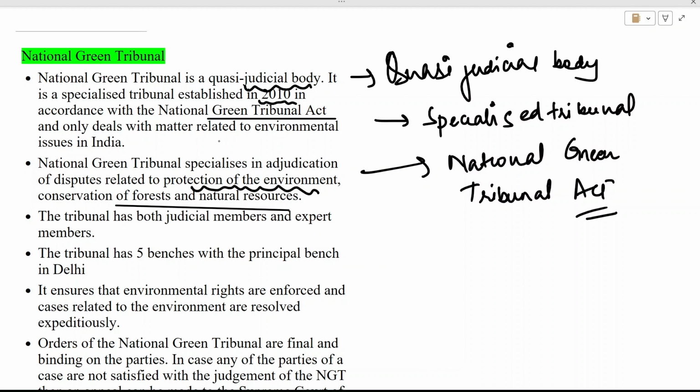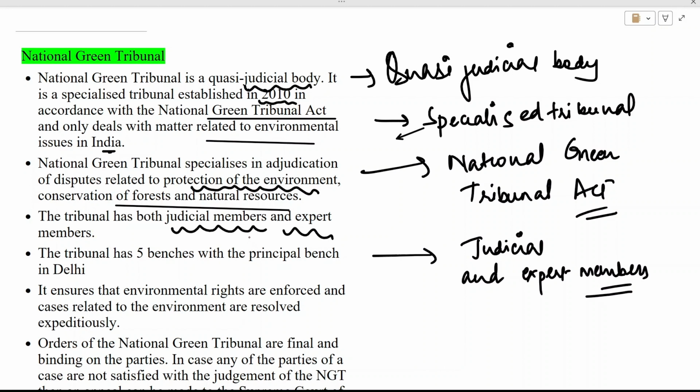And of course, it deals with matters with respect to environmental issues in India, which is why it is a specialized tribunal. It is a specialized forum. Just like any other tribunal, quasi judicial body, it has judicial members and expert members both. Expert members from obviously fields with respect to the environment, people who have knowledge in that field, so that they can be part of the adjudication panel.